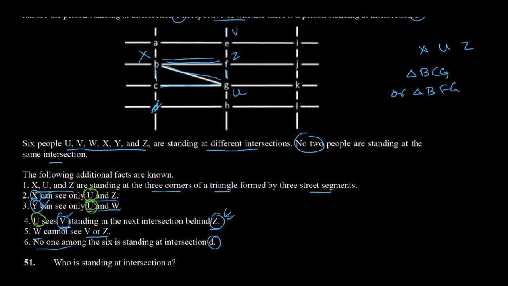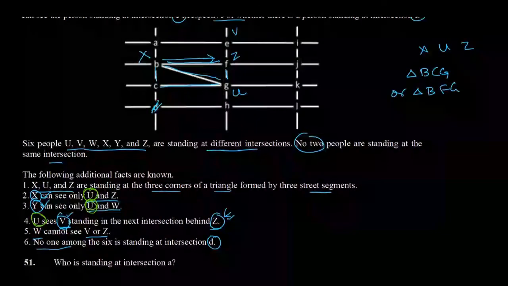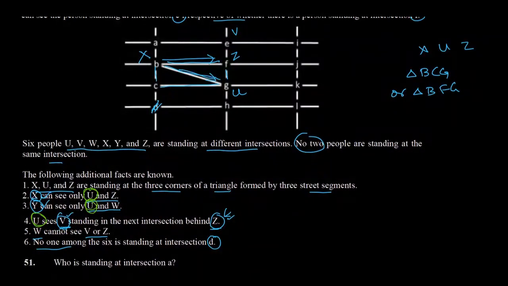So in this case, X can see U and Z as specified in the second point, and Y can see only U and W. So we'll come to that.